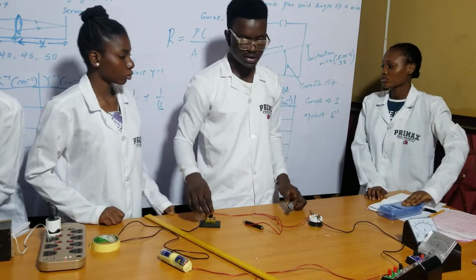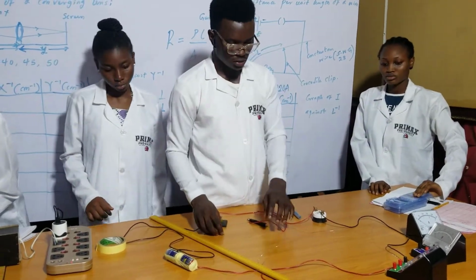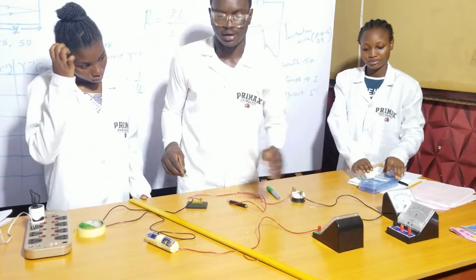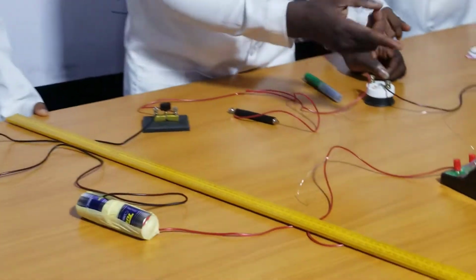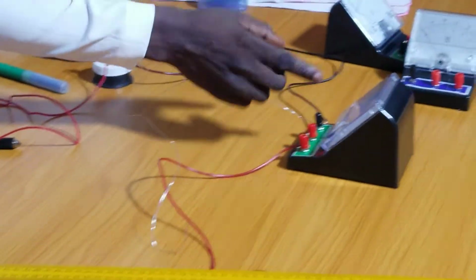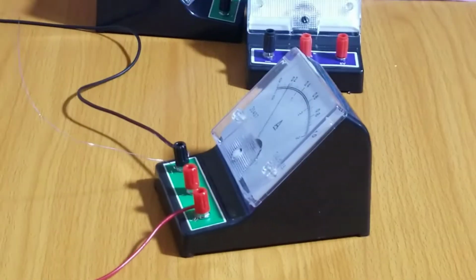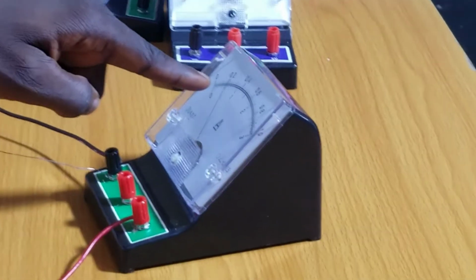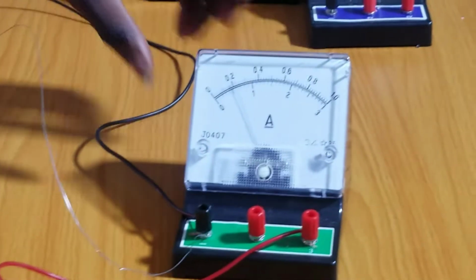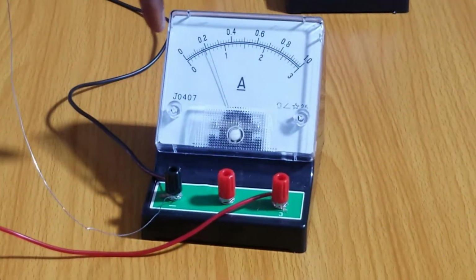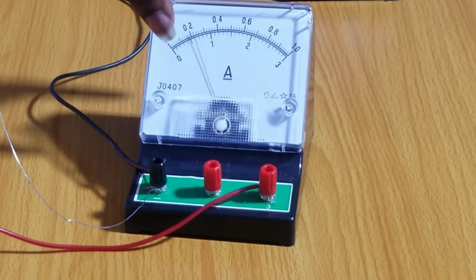Now let me check this again without plugging to Constantine wire, because I feel what we have here is 0.6. What did we record the other time? Can you see? 0.5, 0.6. Look at it. The gradation is from 0 to 1.